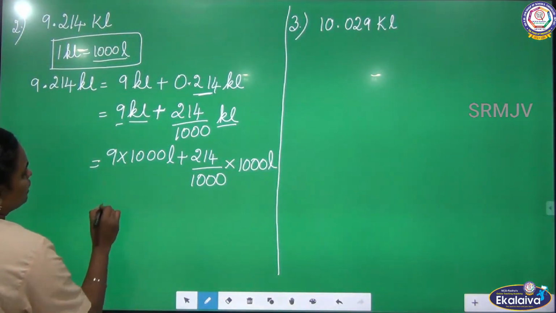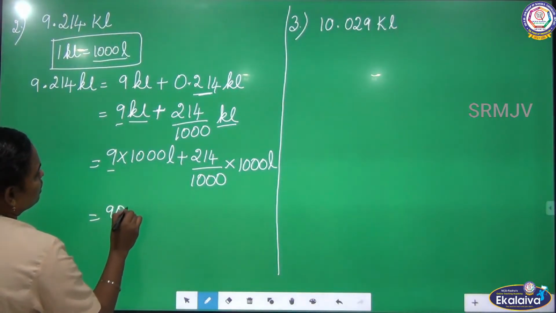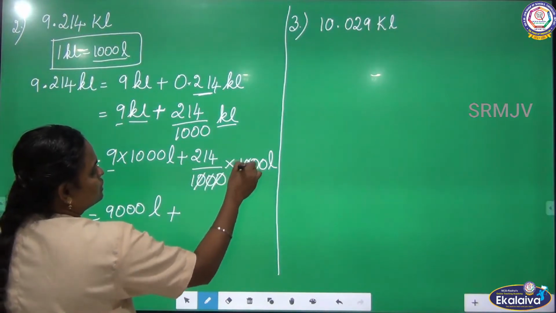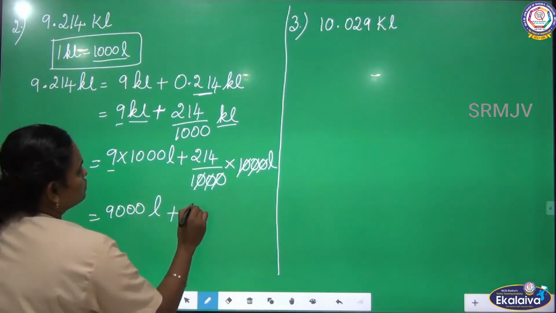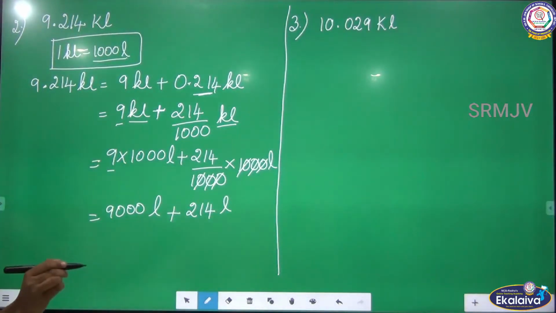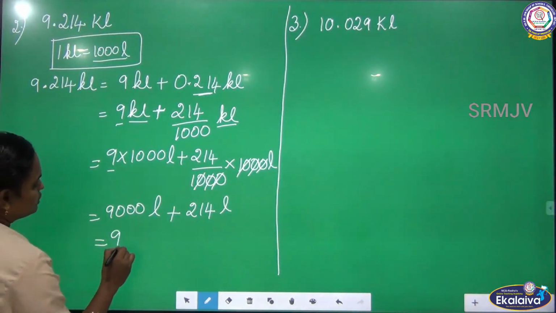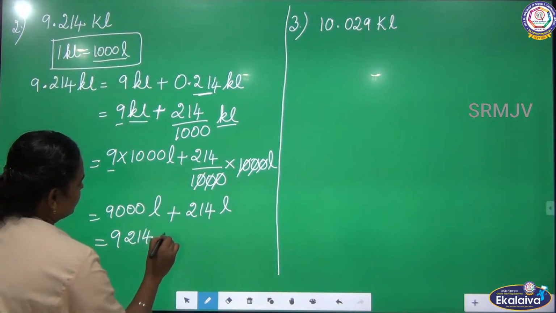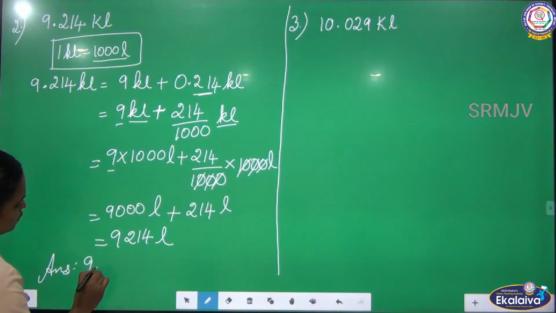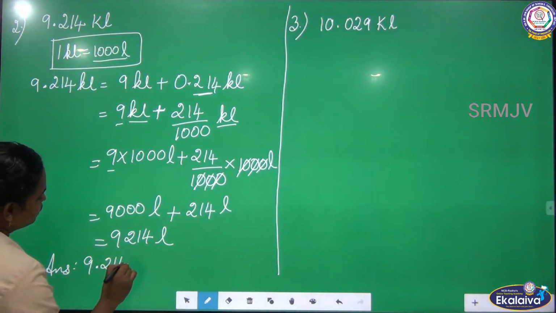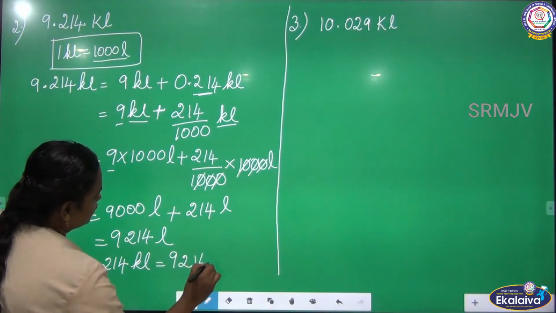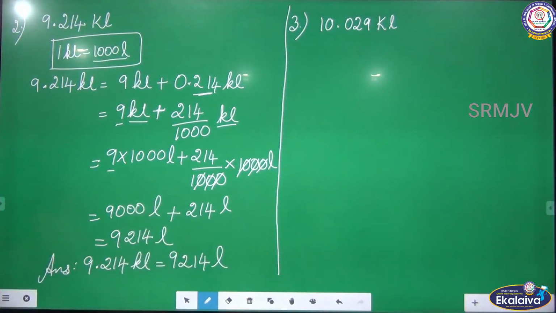See, listen children, 9 into 1000, 9000 liter plus we will cancel these 3 zeros and those 3 zeros. So 214 liter. So 9000 plus 214, 9214 liter. So answer, 9.214 kiloliter equal to 9214 liter.